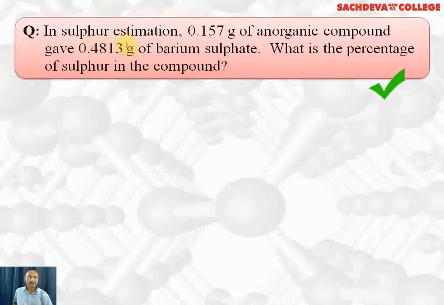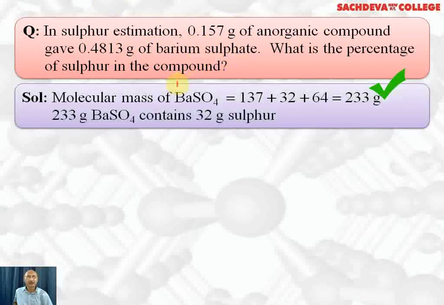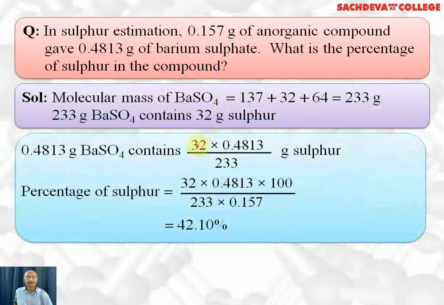Let's take up a numerical based on this. In sulfur estimation, 0.157 gram of an organic compound gave 0.4813 gram of barium sulfate. What is the percentage of sulfur in the compound? Molecular weight of BaSO4 is 233 gram. 233 gram of BaSO4 contains 32 gram of sulfur. 0.4813 gram of barium sulfate contains 32 divided by 233 into 0.4813 gram of sulfur.